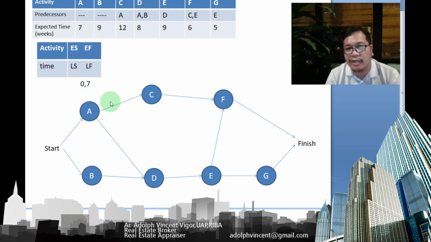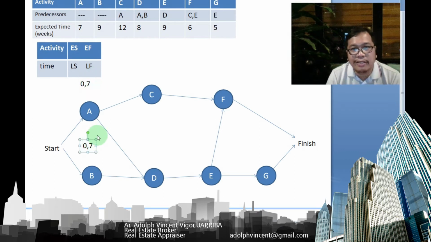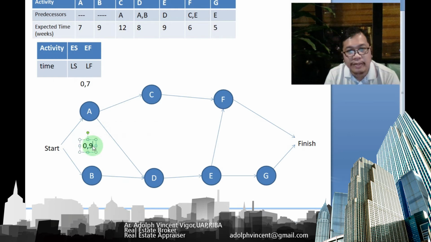Let's place that there. Then for activity B, similar to activity A, its early start is 0, and its early finish is 9 because it requires 9 weeks to finish. So it's going to be 0 and 9.